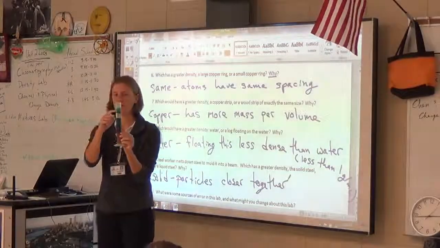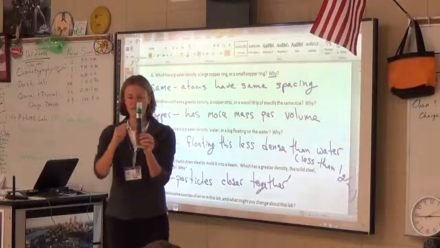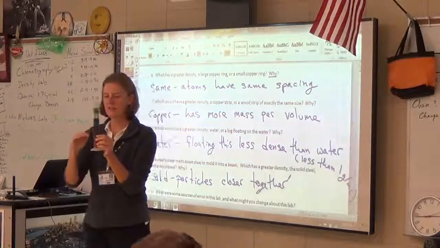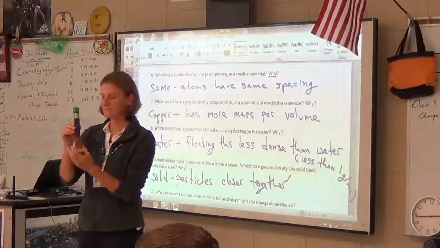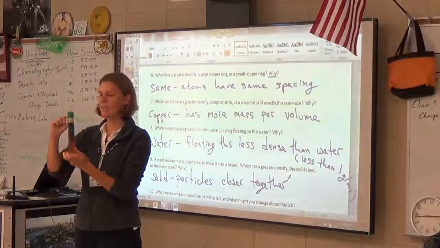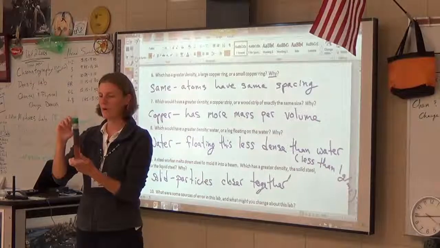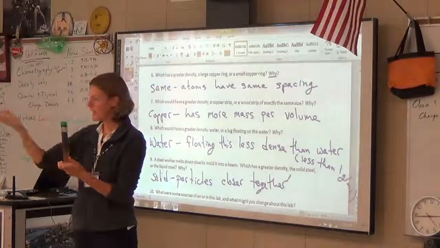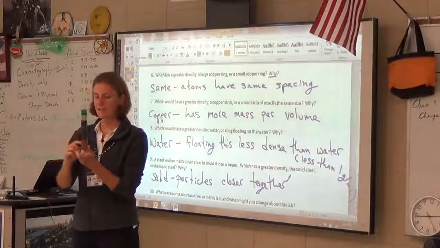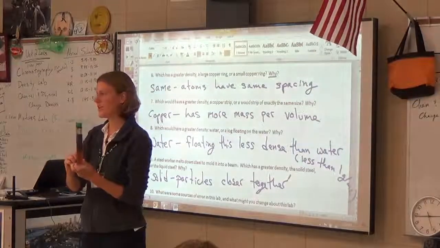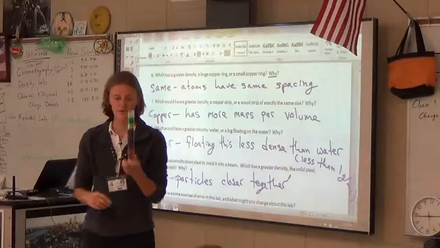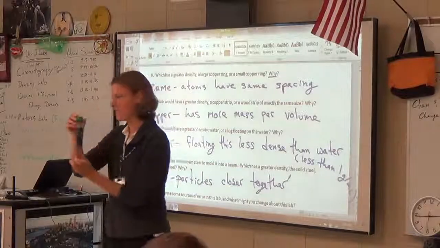We used some food coloring here, but alcohol is even less dense than that. Now I do have to have these certain layers. If I remove the oil, what would happen to the water and the alcohol? It would mix. Even the syrup and the honey would probably mix over enough time, but for the time being we have this density column.